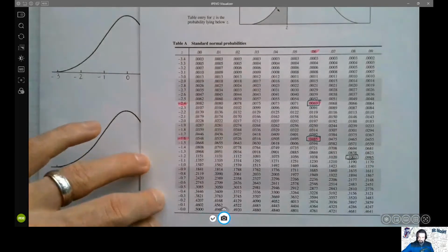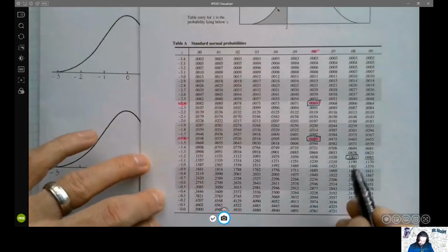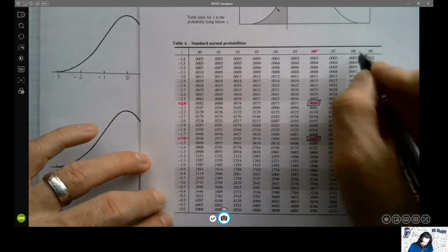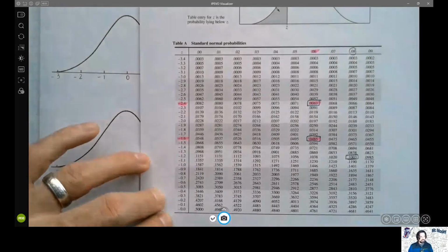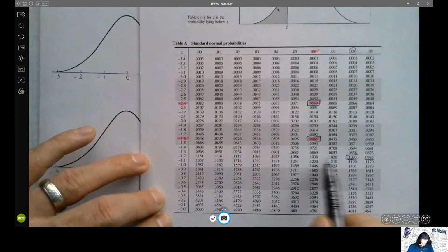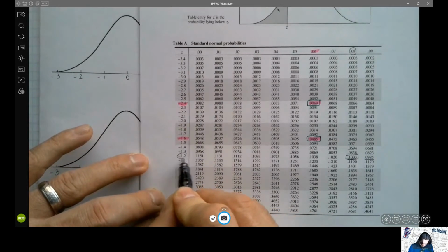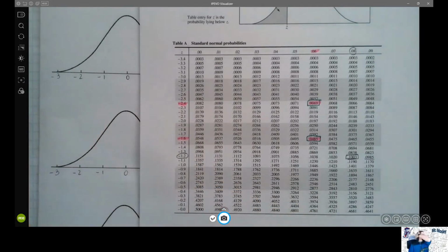So now that we have that, we're going to follow this back to the z-score. And we go up, we're going to use 0.08. We're going to add that to negative 1.2, which results in negative 1.28.